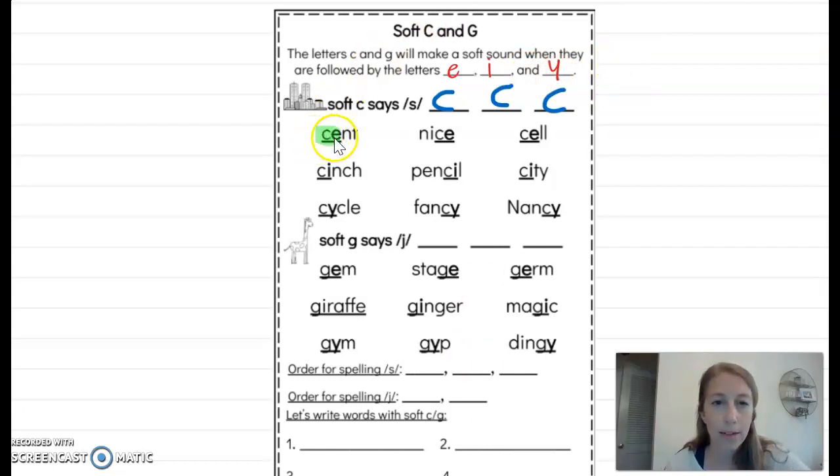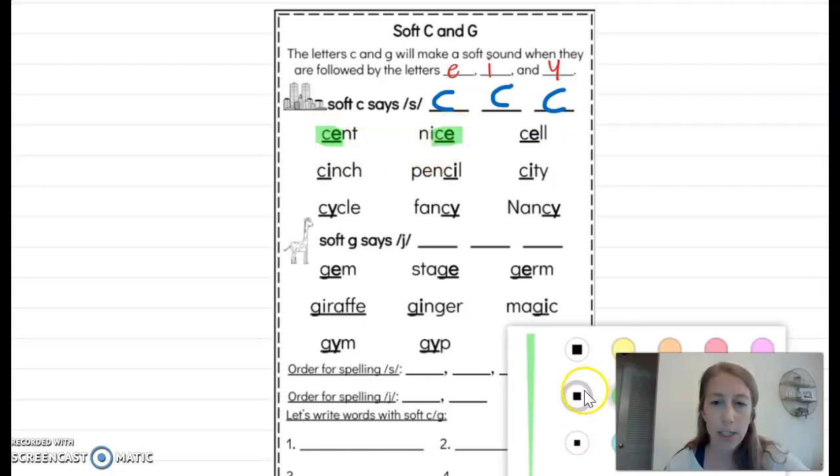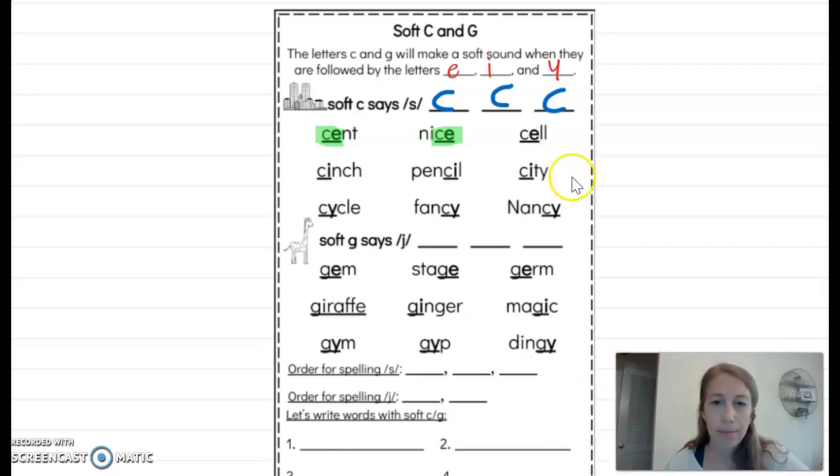We've got S, S. I'm going to actually make my highlighter just a little bit smaller. S. So I know that it's saying S because there's a C followed by an E. The next row, there's a C followed by an I, so I know it's going to say S, S, S. Now I see a C followed by a Y, so I know that that C is going to make a soft sound.